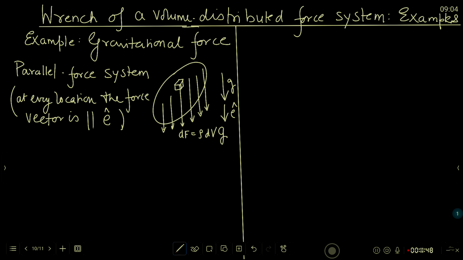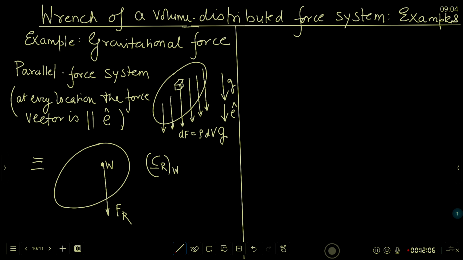I want to replace this force system by one single force Fr acting at a special point W, and I am anticipating that CRW is indeed 0. What is this Fr and what is this location W?